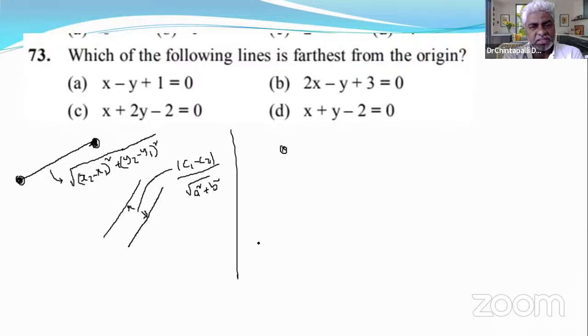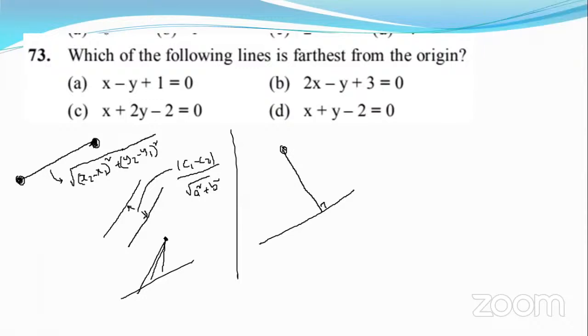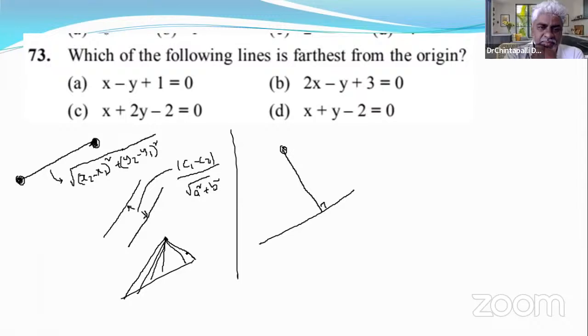This is a point, this is a line. The distance from this point to this line is called the perpendicular distance, because the perpendicular distance is the shortest distance. If we take a line and a point, we can find infinite distances from a point to a line.